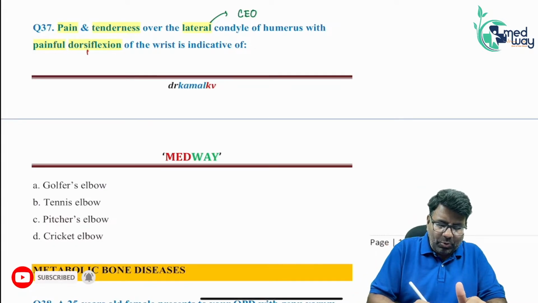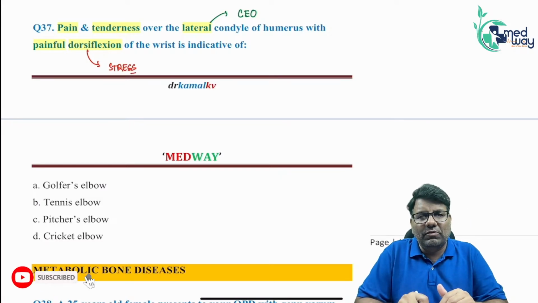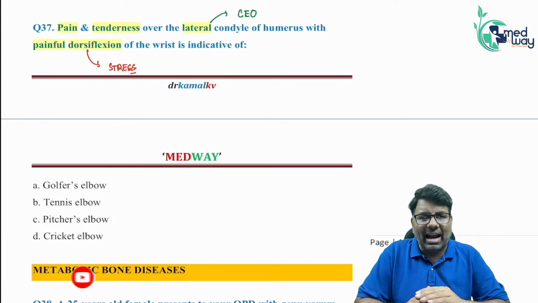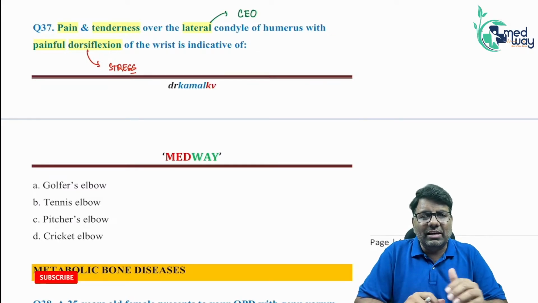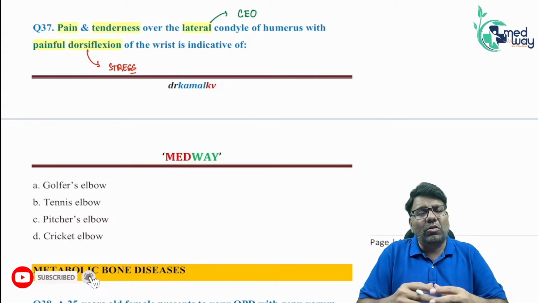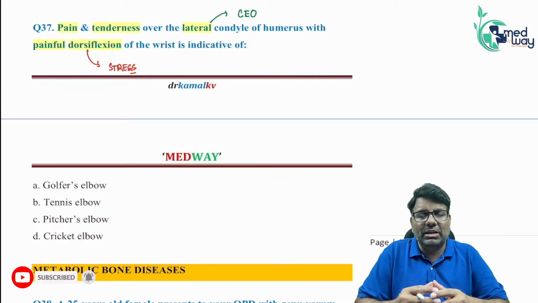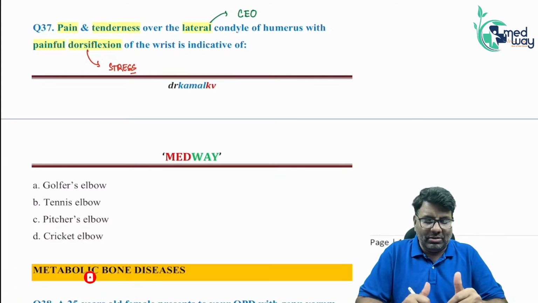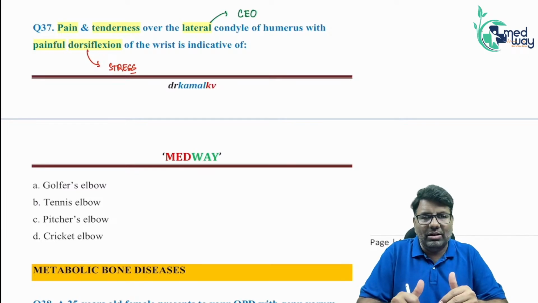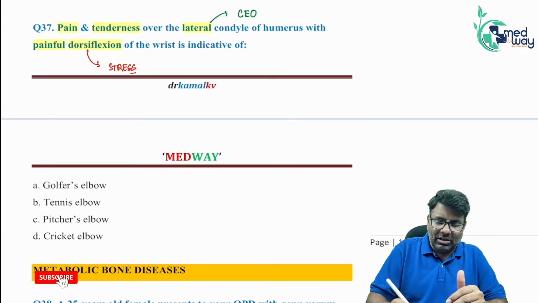So whenever we put them to stress, whenever we do a resisted dorsiflexion, the patient is told to do dorsiflexion and we put our hand over the dorsum of the hand and give resistance. Now this will create stress over the point of origin of those extensor tendons, and there will be severe pain at that point over the lateral epicondyle. Right? So this particular condition is known as tennis elbow.